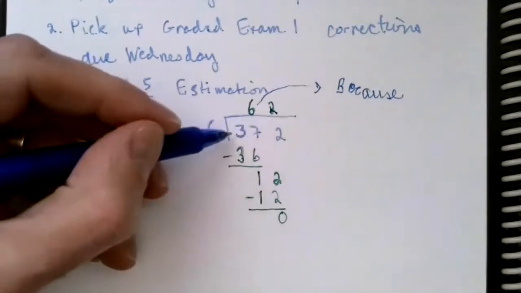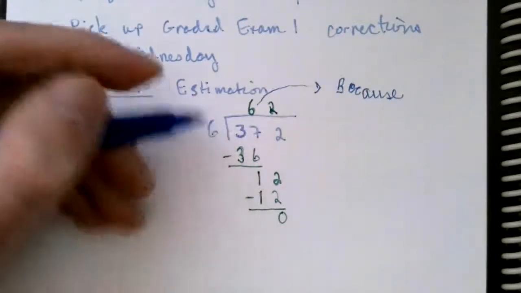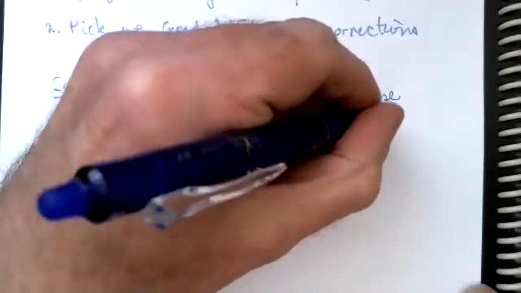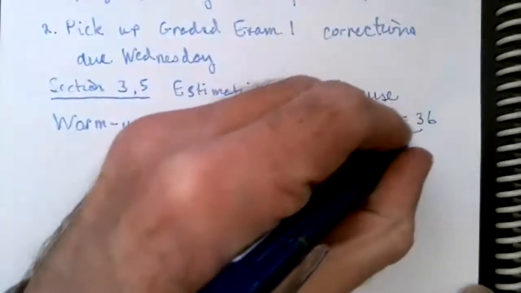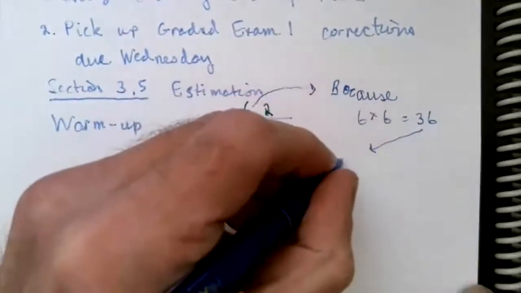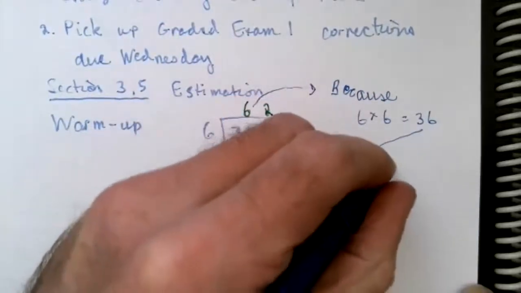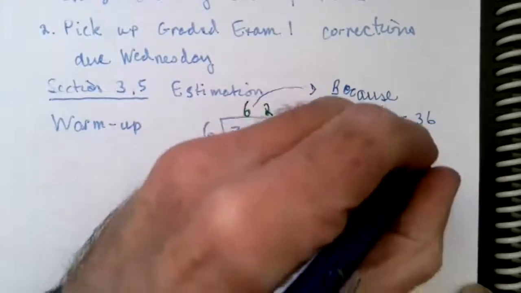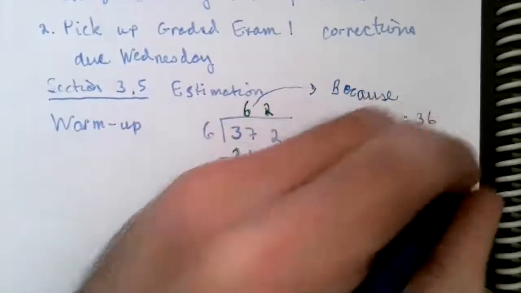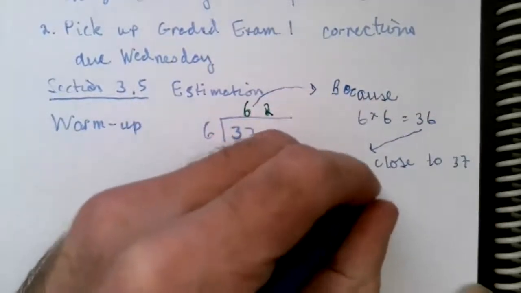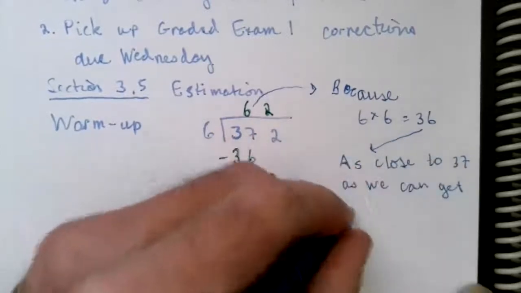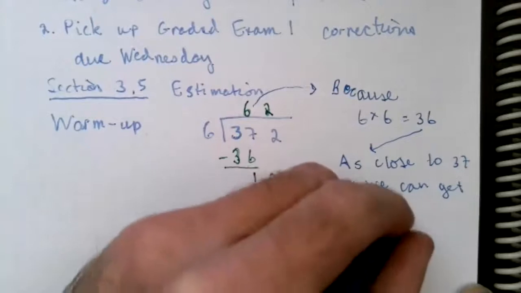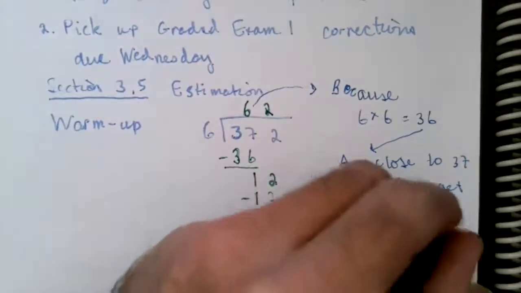We need to get as close as possible to 37 without going over. So basically the reasoning is because 6 times 6 is 36, and this is as close to 37 as we can get without going over.